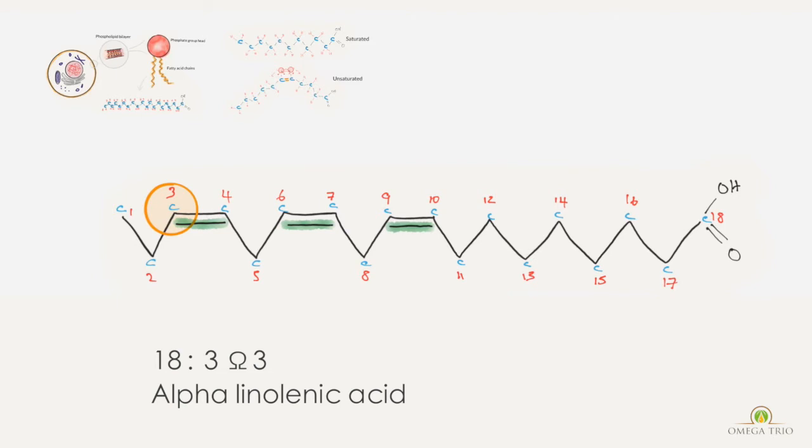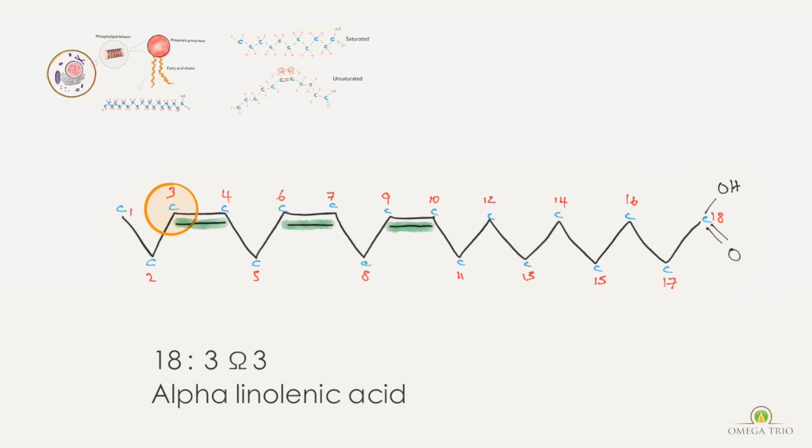And what makes it essential is that the body can't make this, but the things that it becomes, the body can make. So when this gets more carbons, it turns into other things. When it gets more double bonds, it turns into other things. And that's what the body can do. But the body cannot make ALA, which is why we need to take it from our food.